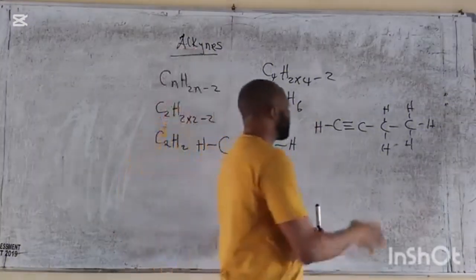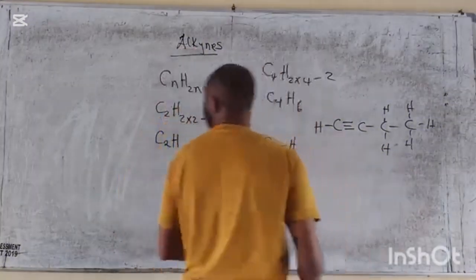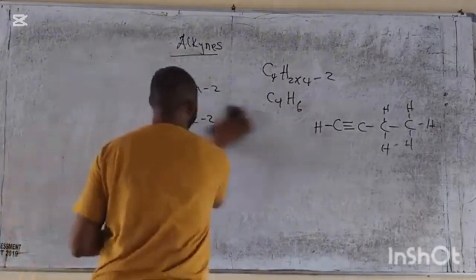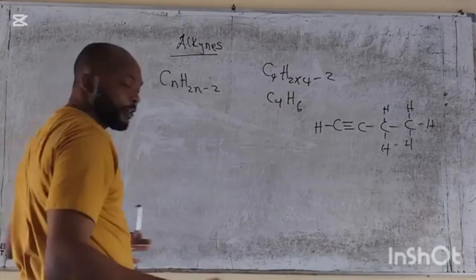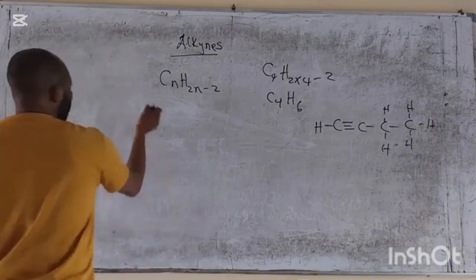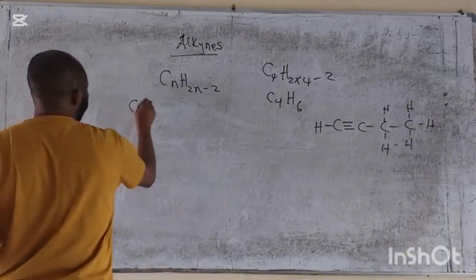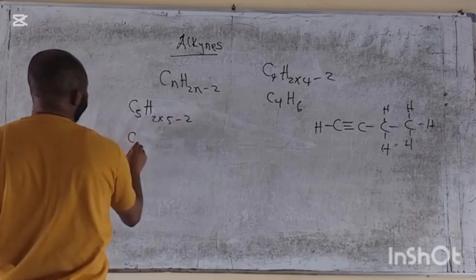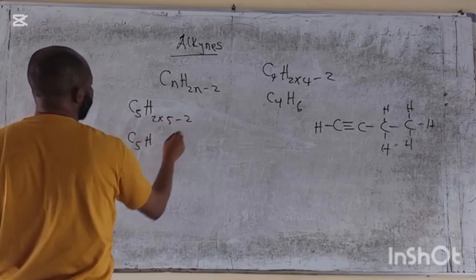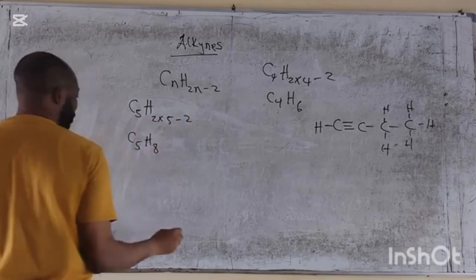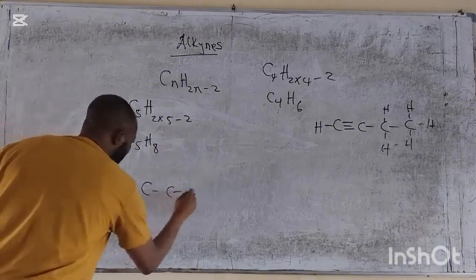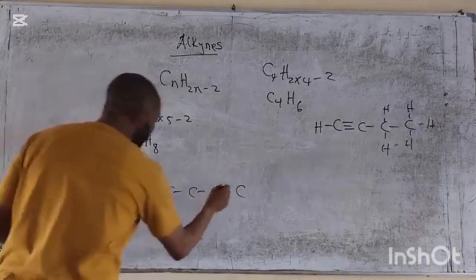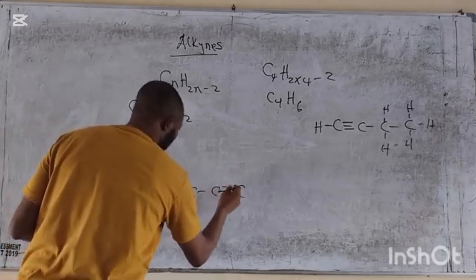So now, this is it. If I take pentyne, for example, another example, pentyne is 5. We have C5, H2 times 5 minus 2. C5, H10 minus 2 is 8. The structure now becomes carbons 1, 2, 3, 4, 5. Let's take the triple bond to be on the terminal carbon as usual.